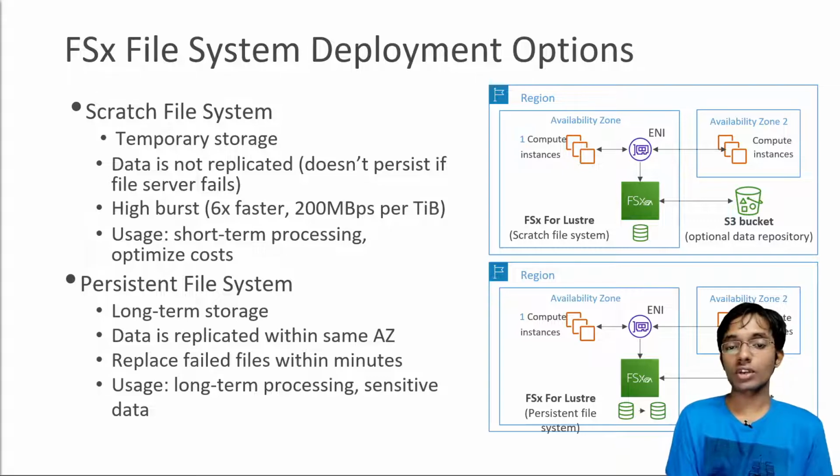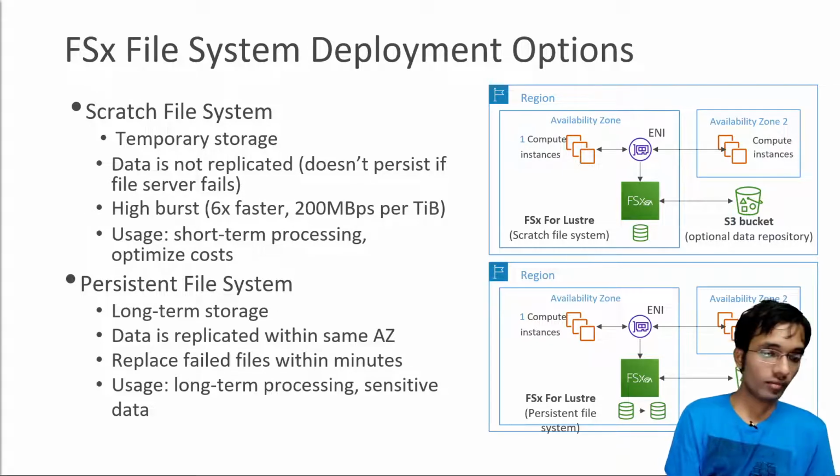So that means that you have FSx for your compute instances connected to availability zone 1, availability zone 2. Then for FSx for Lustre, a scratch file system only has one copy of your data, as shown on this diagram, right here, just one copy.